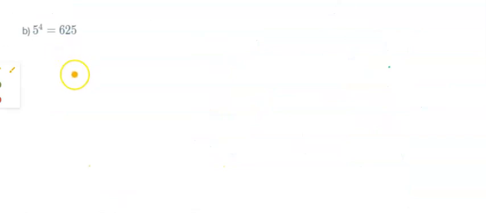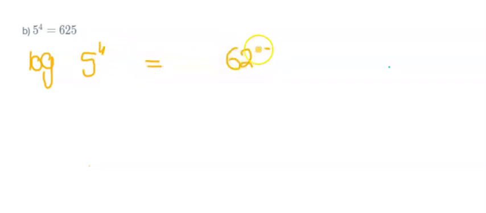Let's say we got this question. So first thing we need to do is take the logs on both sides. So I take the logs on both sides. I write 5 to the power 4, and on the other side is 625.